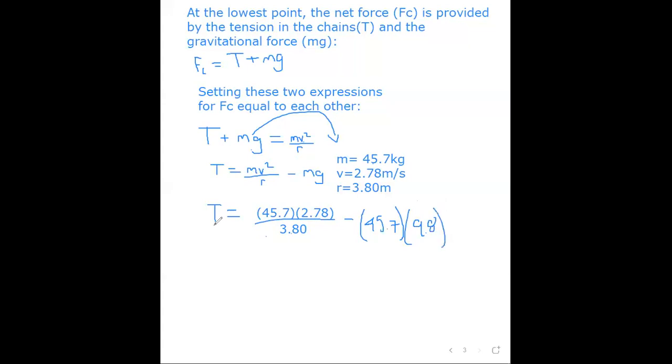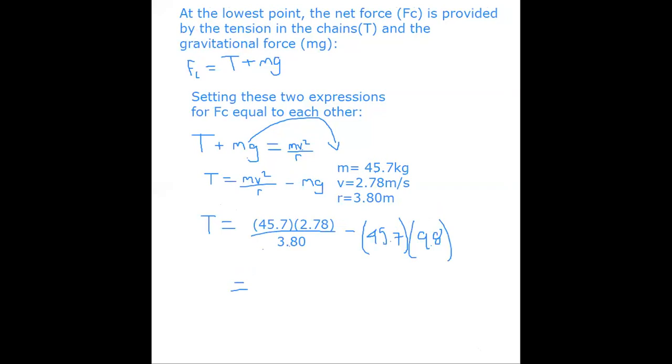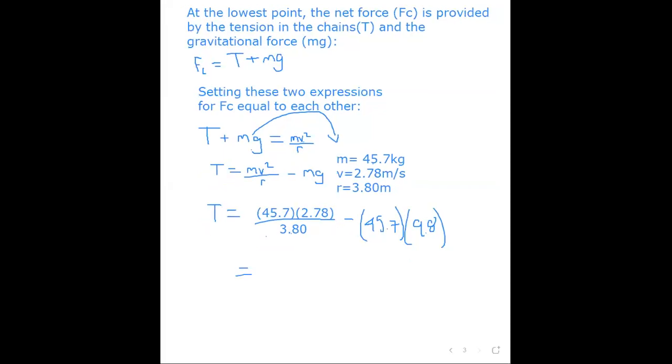Okay, if I do this on my calculator, 45.7 times 2.78. So in the numerator, you should have 127.046, and I'll keep all the decimal points, because I think rounding before your final answer is what gives a lot of students problems.